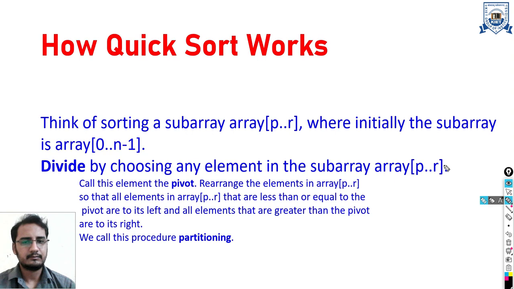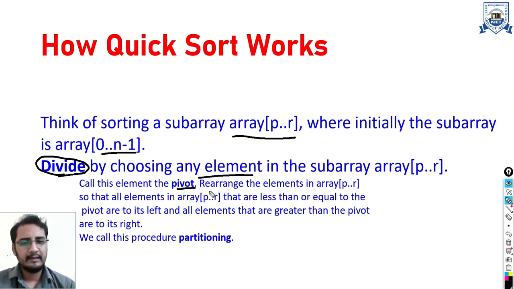First you will take an array. Suppose you have an array A from P to R. Okay, the indexing is from 0 to n minus 1. Now the divide problem is, in this you have to choose any element which will work as a pivot element.